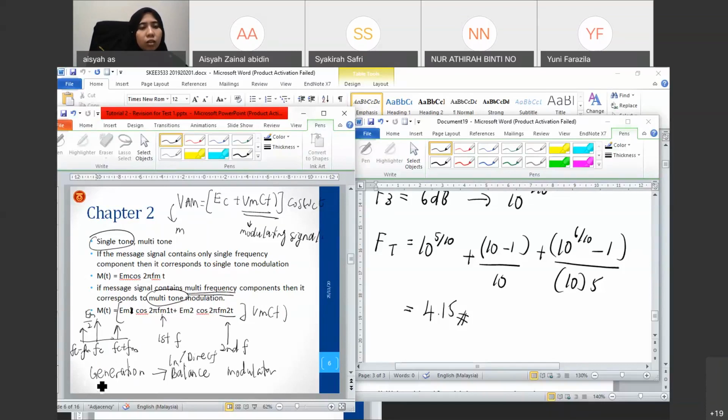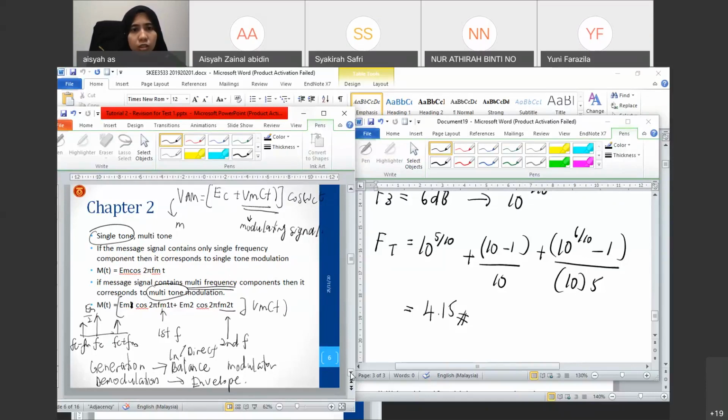And then you have also learned about the demodulations. So you have the envelope detector, and also the balance modulator. For the balance modulator, the local oscillator is the same. Okay, so let us proceed with the first questions.